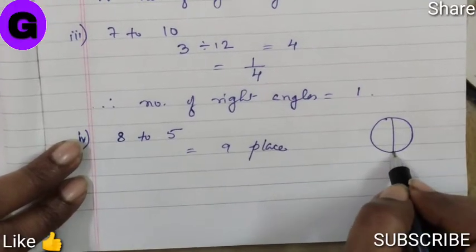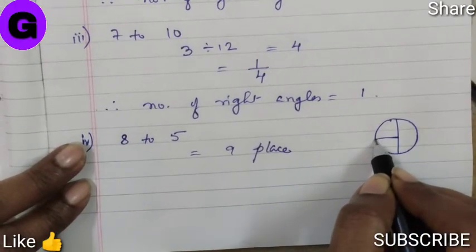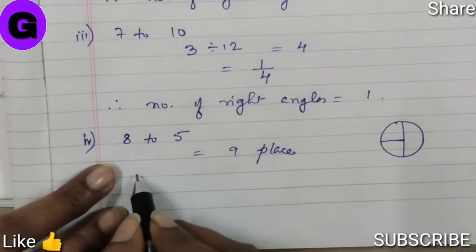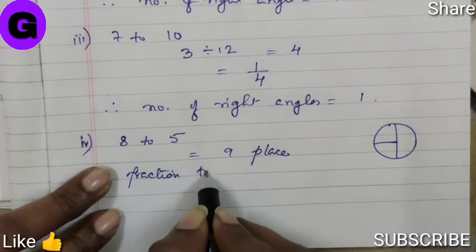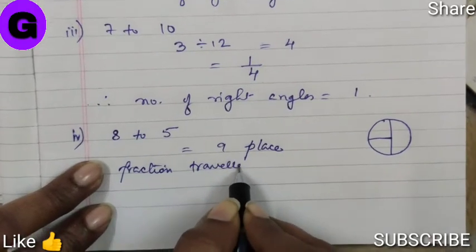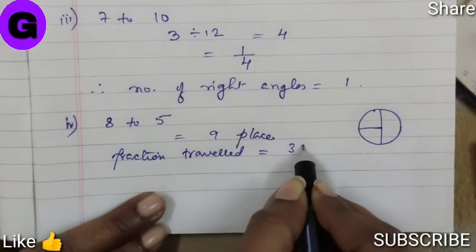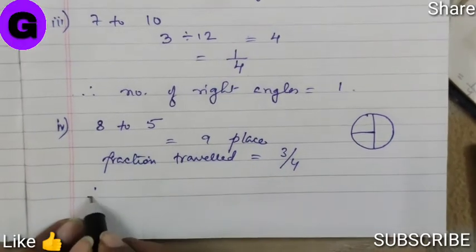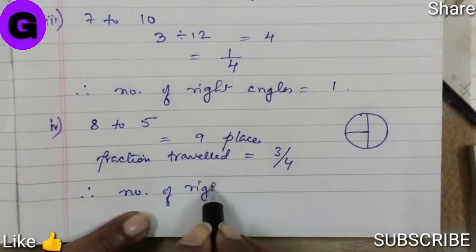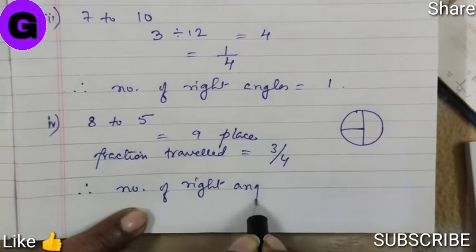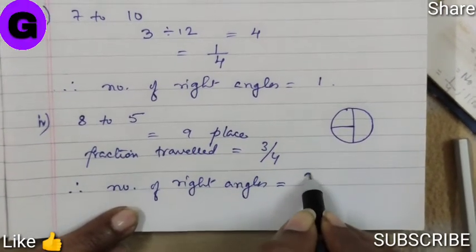Half was 6 and 3/4 is 9. So the fraction travelled is equal to 3/4. Therefore, the number of right angles is equal to 3.